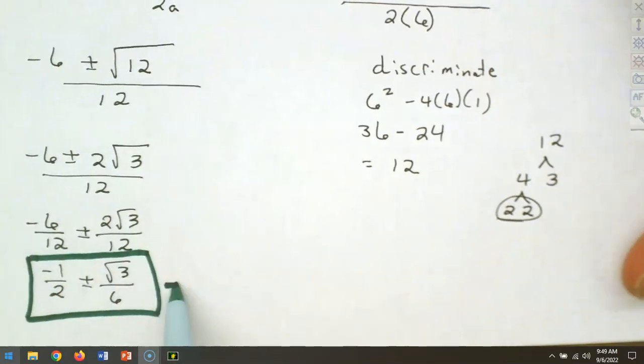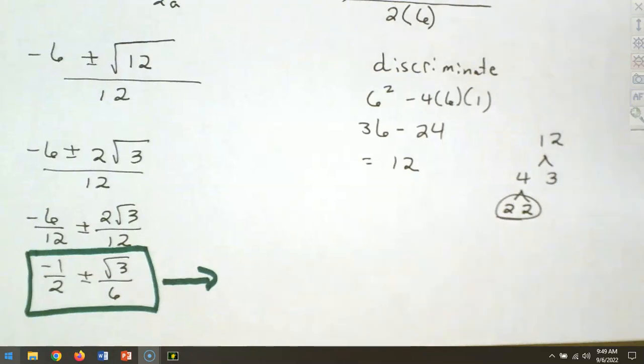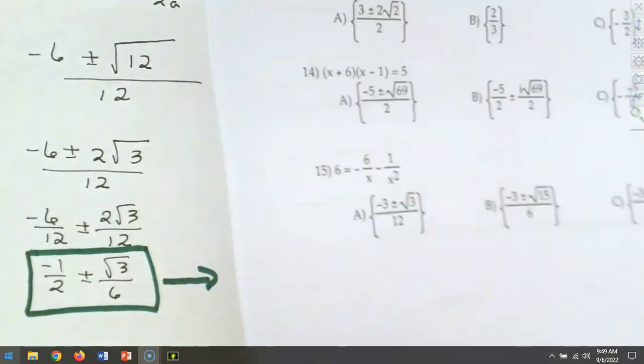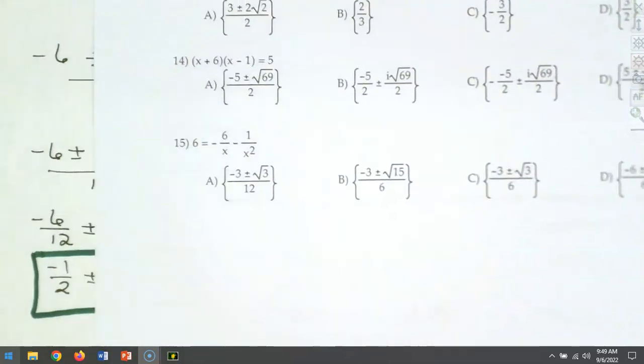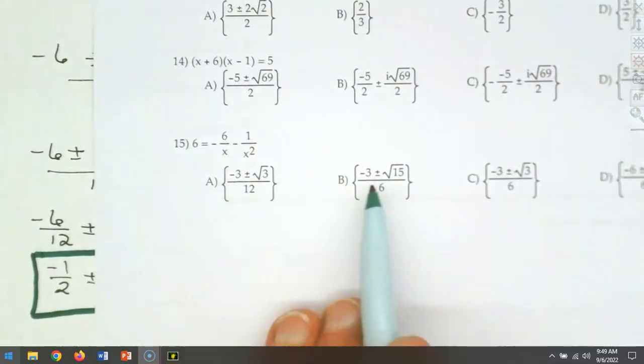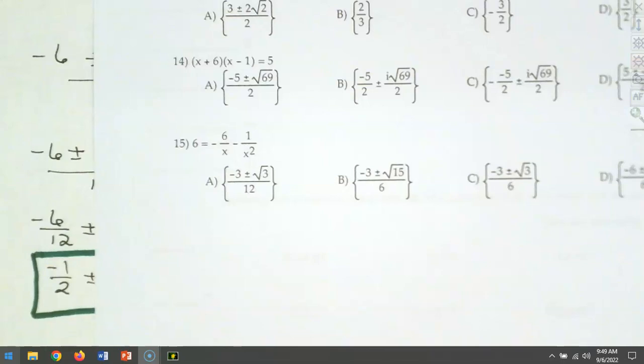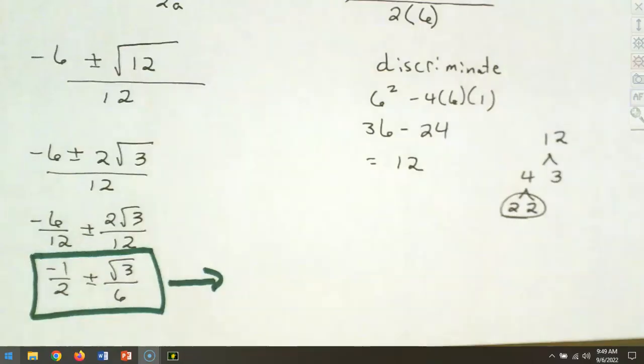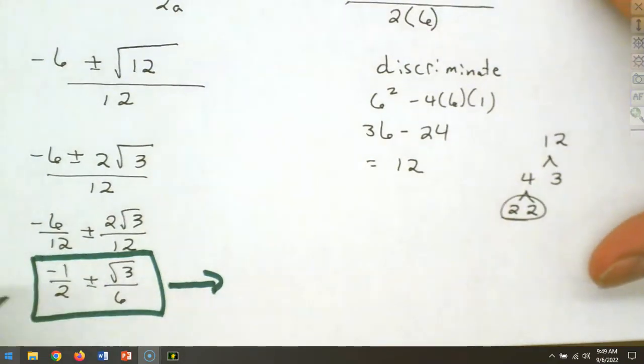Now, how do you make it look like the answer that they have? Well, if you look at your answers here, what do you notice? When you look at all these choices, they are all over what? Over one denominator. So we need to make ours turn back into one denominator. So to do that, all I'm going to have to do to get into one denominator, this is a 6, this one's a 2.